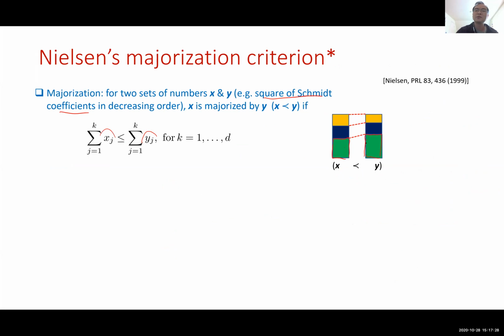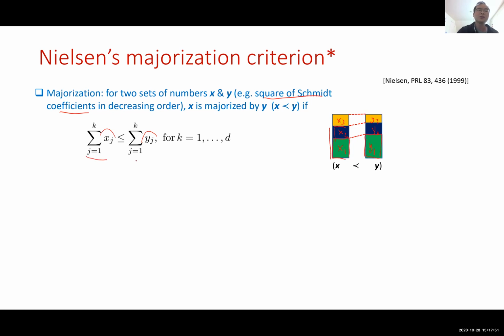If this x1 is smaller than y1, and then you add the next higher one, x2, the sum of this is still less than the sum of y1 and y2, and it goes y3, so x3 and y3, etc.